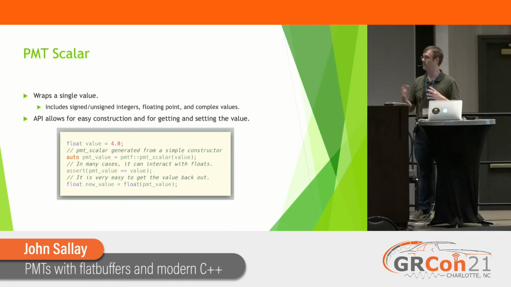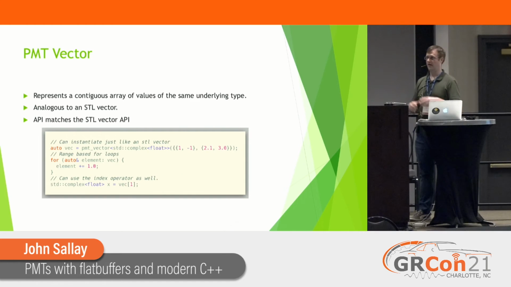One thing that took a little bit of effort, but I think is really nice, is in a lot of cases you can use it as though it were not a PMT. So I've got in the middle there where you're checking that the PMT value is equal to a floating point value, and it doesn't matter that it's a PMT, it still interacts properly with the floating point value. And you can get the value out really easily as well, just by casting it back to the floating point value there.